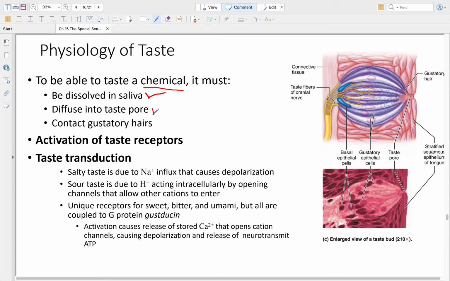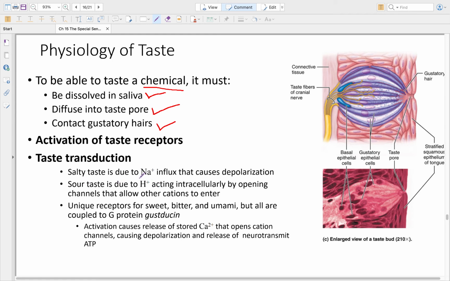They have to be able to diffuse into a taste pore and contact those gustatory hairs and activate these taste receptors. Now, once the taste receptors are activated, we have a neuronal depolarization, and it allows the taste to be transferred from your mouth to your brain.